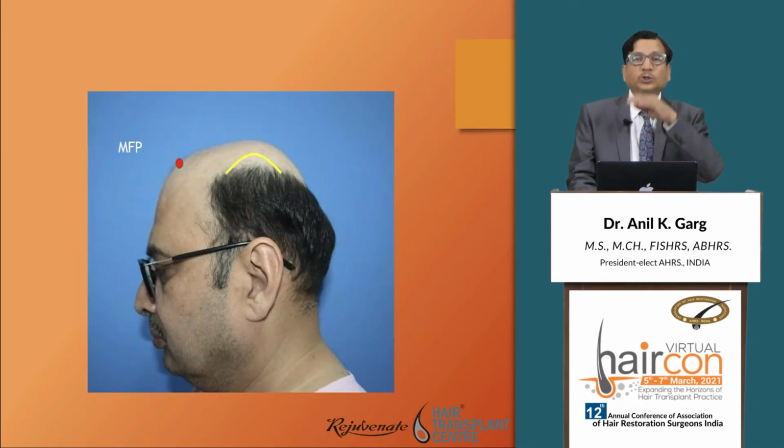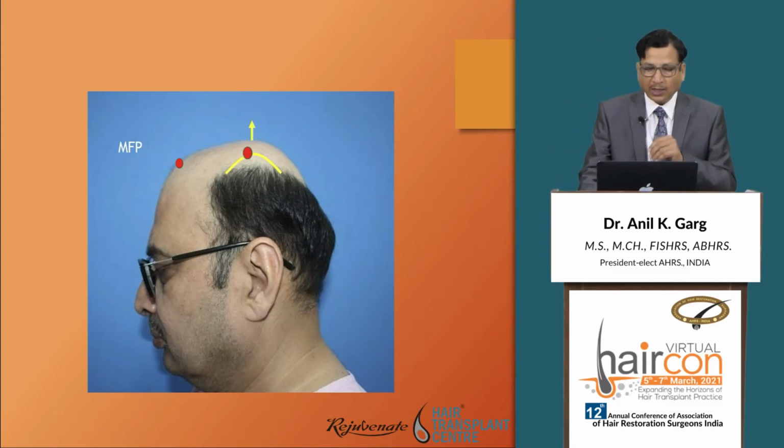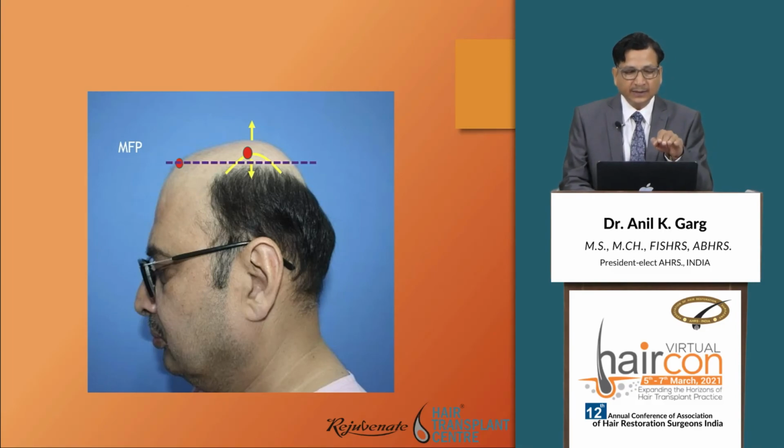But what should be the height? What should be the location of the FTP? Again, 3 planes are needed. I am repeating. One we know: lower up, we decide that this is the midfrontal point and this is the frontotemporal point, which is higher than this. So we know one plane.